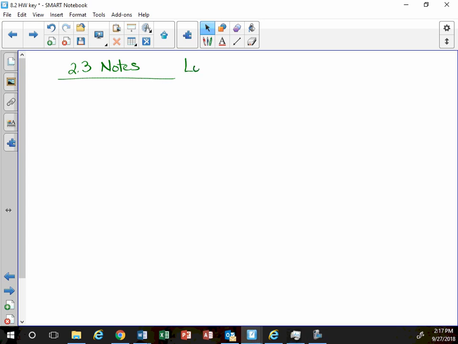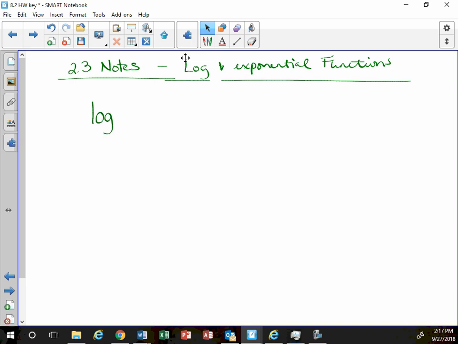All right, we're looking at log and exponential functions still. If I have log base 2 of 8 equals 3, do you know how to rewrite that as an exponential equation?